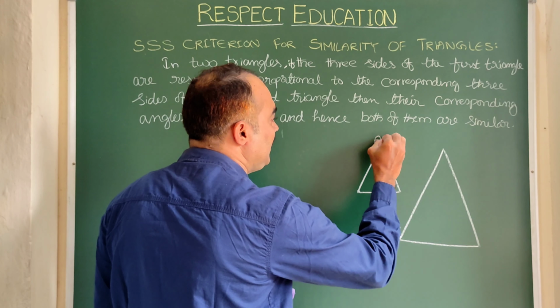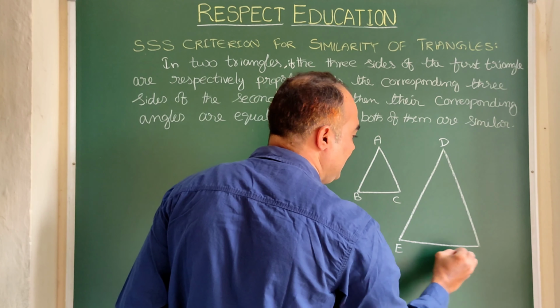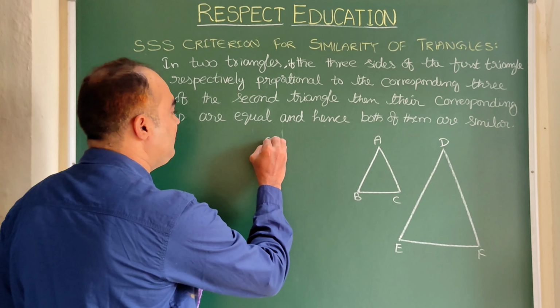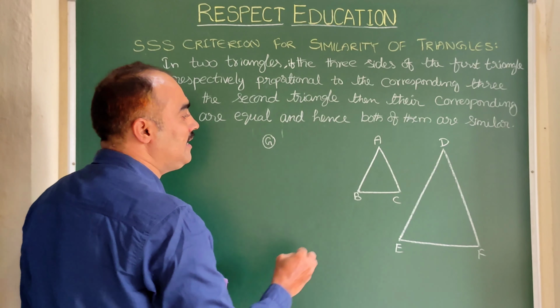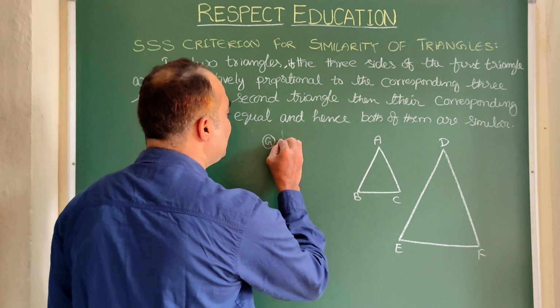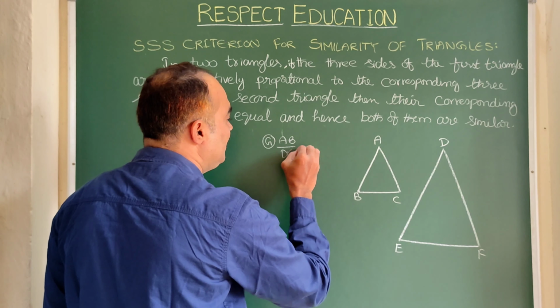Name the first as ABC and the second as DEF, in which let us write the given condition. The given condition is that the corresponding sides are proportional. That means AB by DE is equal to BC by EF is equal to AC by DF. These are the corresponding sides, and they are proportional.